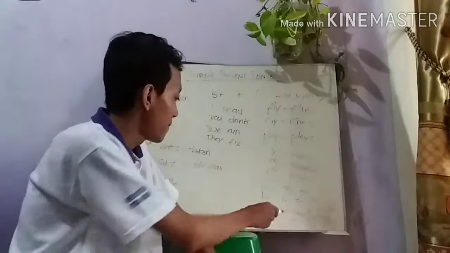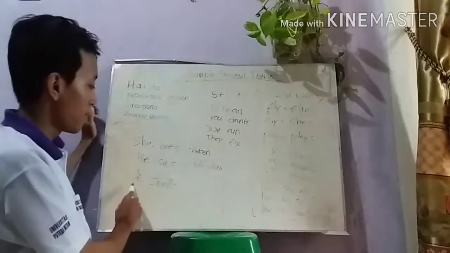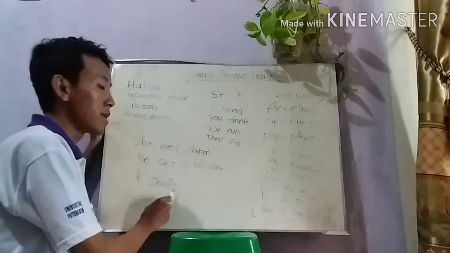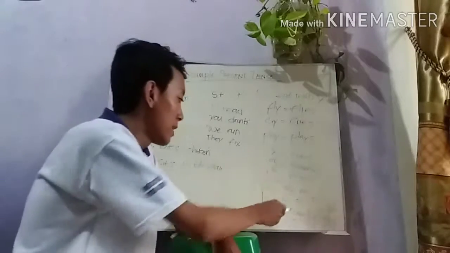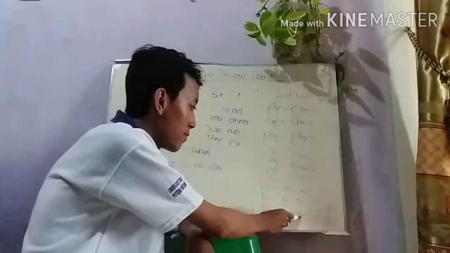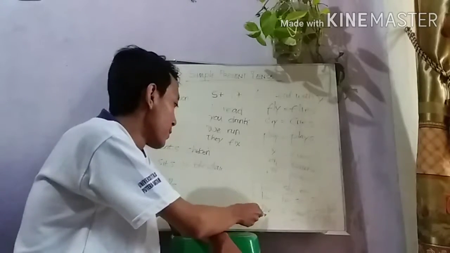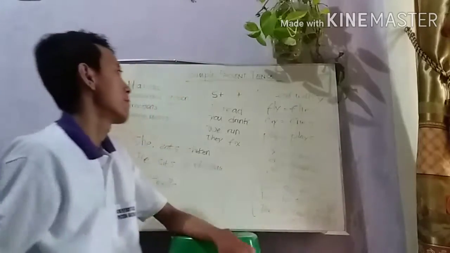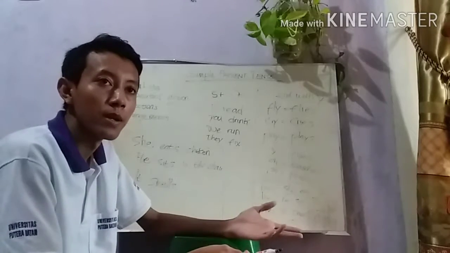And then if the positive is it smells, this is the positive sentence, but in the question, smells came back into verb one, so the question is, does it smell? Just like that.